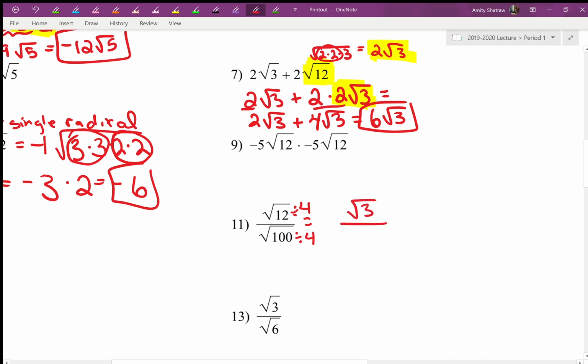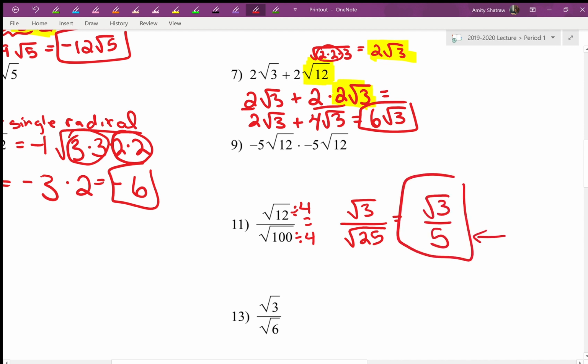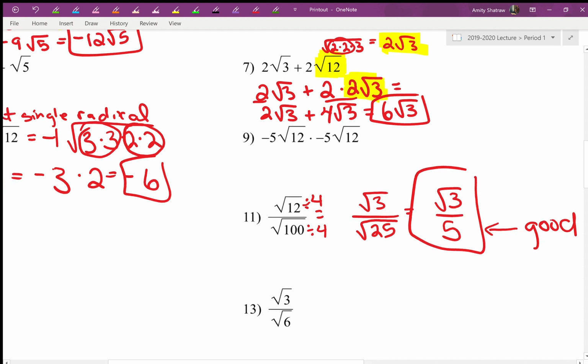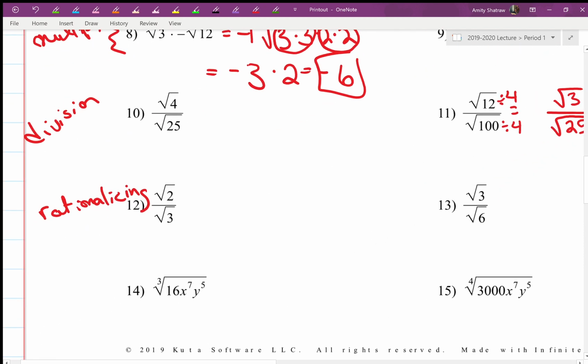There's a square root of 3. That looks pretty simple. And I have 100 divided by 4, which is 25, which as soon as I write that square root symbol down, I realize is just 5. So my answer is the square root of 3 over 5, because remember, you're not allowed to leave a radical in the denominator, but I'm good here. I don't have a radical in the denominator. So I'm all done.